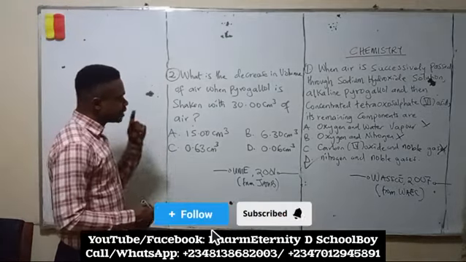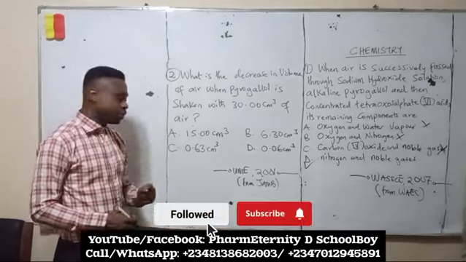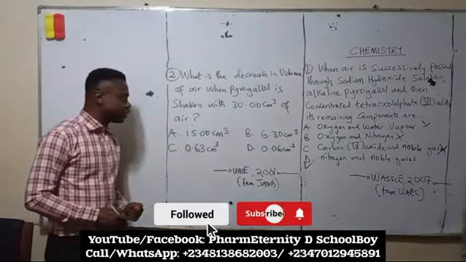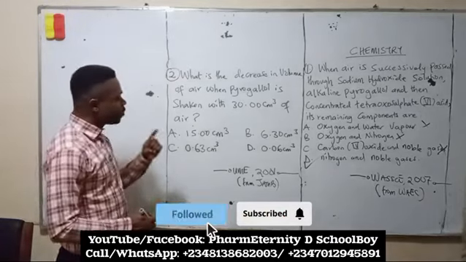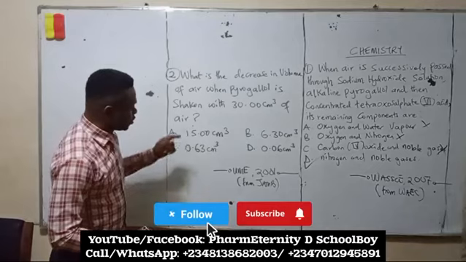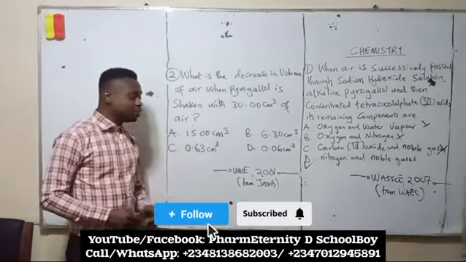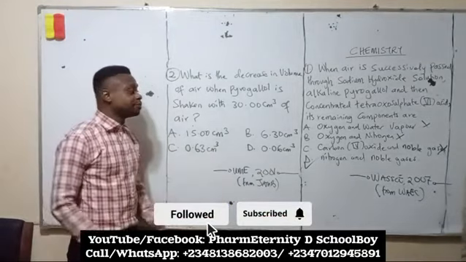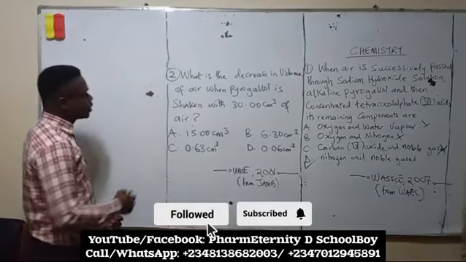B says 6.30 cm3. C 0.63 cm3. D 0.06 cm3. The question came from UTME 2001 from JAMB. Now let's look at the question again.